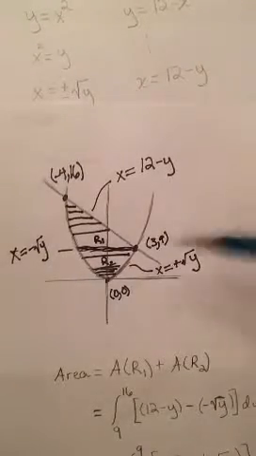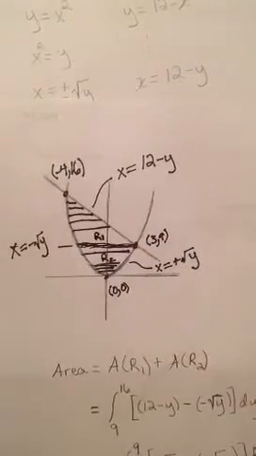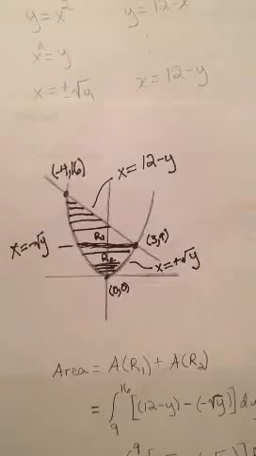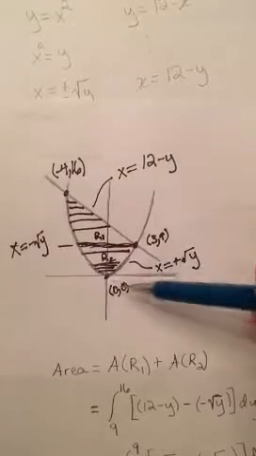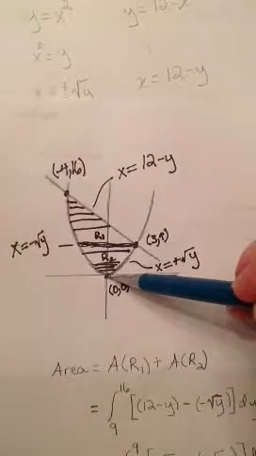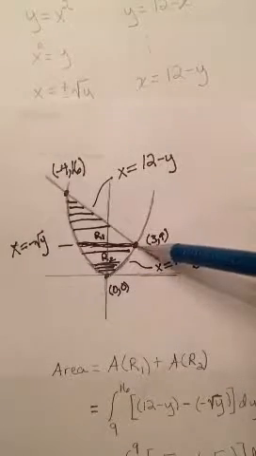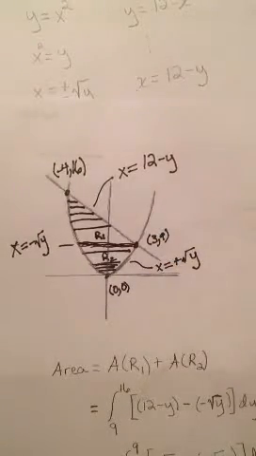Now we have two regions upon which the graph is going to be subdivided, and if you notice, we have key points here. We have the vertex at the origin, our intersection point at 3, 9, and the other intersection point at negative 4, 16.